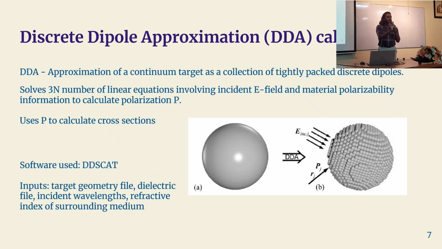It's a cubical volume which has a net dipole moment to it, as if one side has a plus charge and the other side has a minus charge. So in such a case, there's a net dipole moment. Here we think of the object as a bunch of cubical volumes with a net dipole moment through it. These dipole moments are useful because the electric field, the dipole moment and the refractive index information of the material are used to calculate these cross sections.